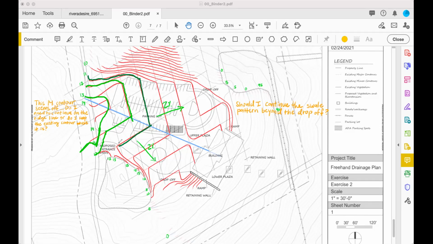And 12 actually needs to wrap back. So I'll just scratch this. 12 would be like this, going back to the 12 over here. And your 11 would do something like that. Your 10, keep going.